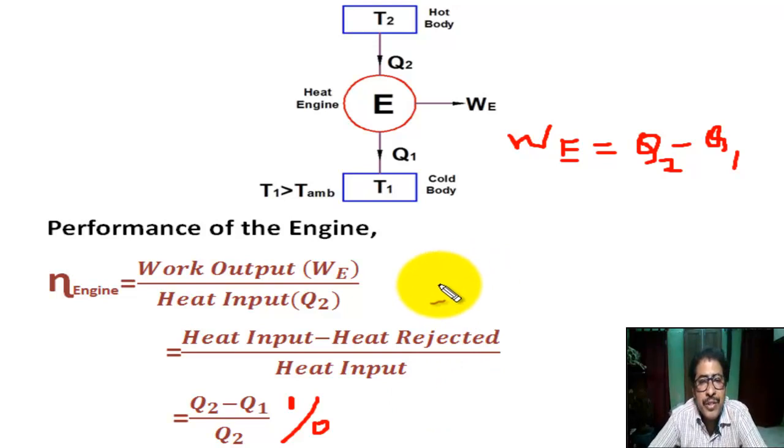According to second law of thermodynamics, it is impossible for heat engines to achieve 100% thermal efficiency. Okay, it is clear, my student.